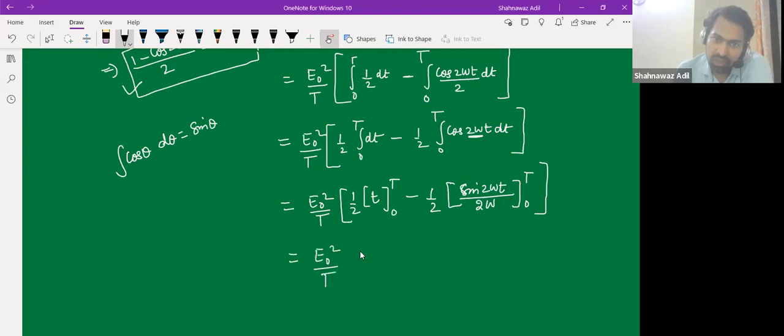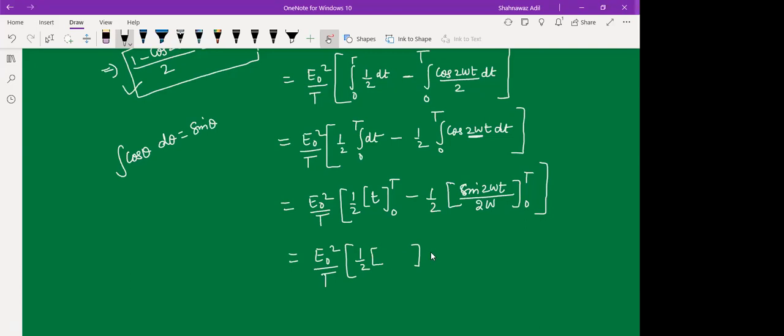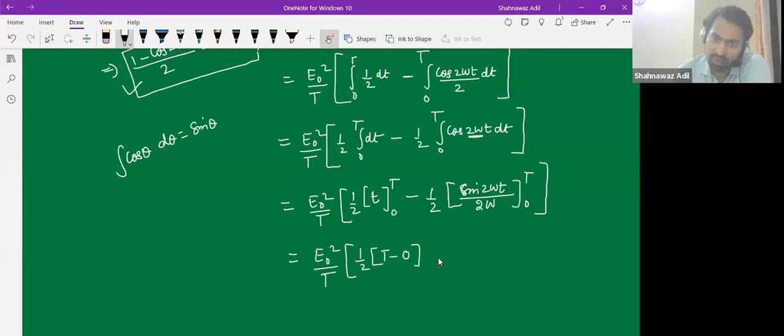So this is half. And if you put the limits, what would be the answer, Aisha? If you put the upper limit, in place of t, we have to put T. So what would be there? T minus 0, right? So T minus 0. Good. And this is half.